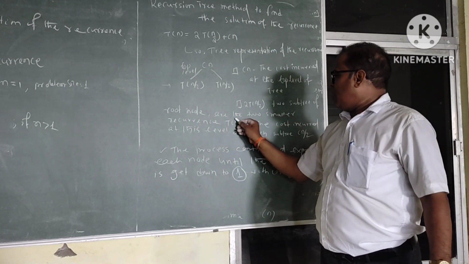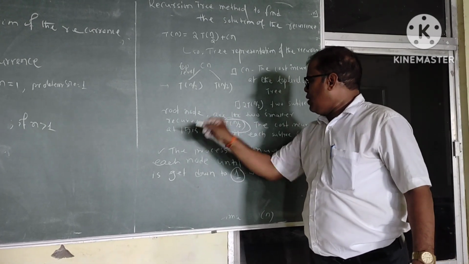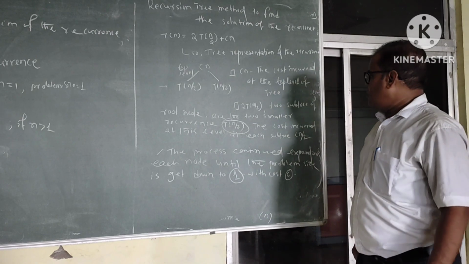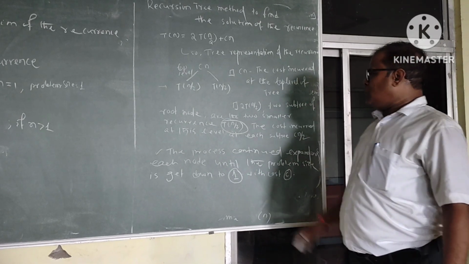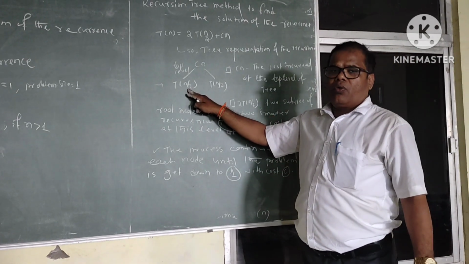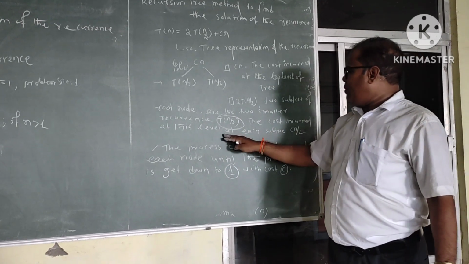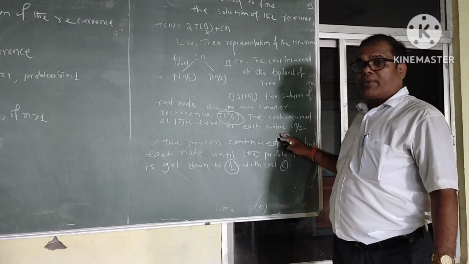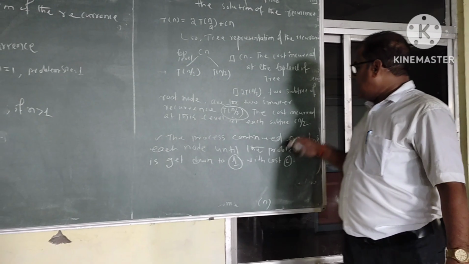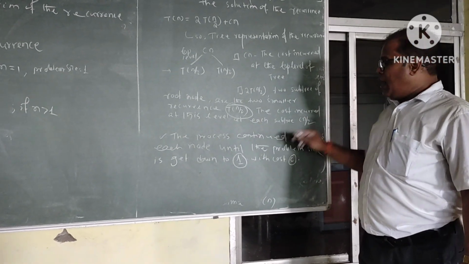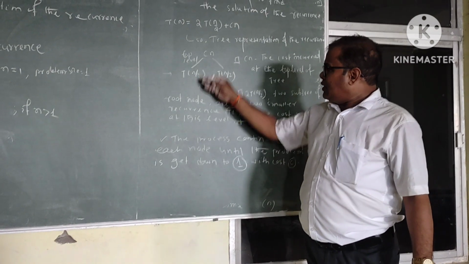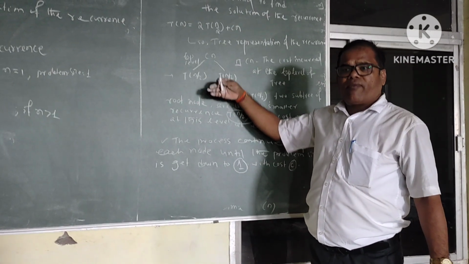And what is that smaller recurrence to represent here? That is called T(n/2). Now if I ask you the cost incurred for T(n/2), what is it? The cost incurred at each subtree is equal to Cn/2. Let this process continue for finding the solution.